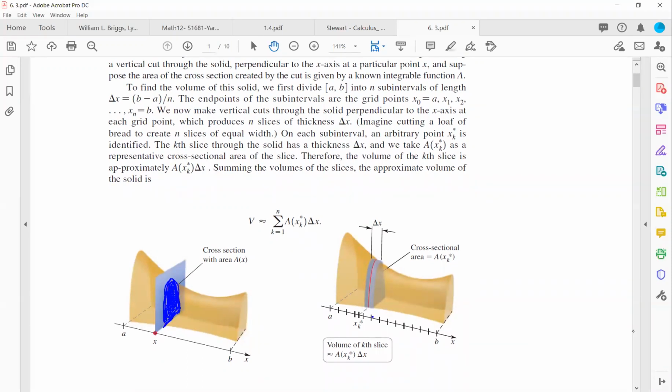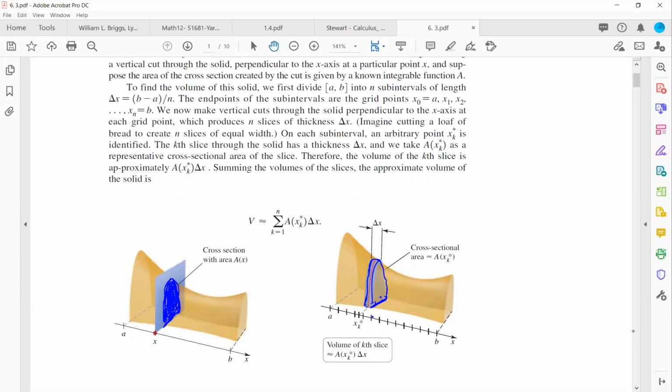We use delta X because these differences are very, very small. So after multiplying each of these areas by delta X, you can find the volume of this small piece.